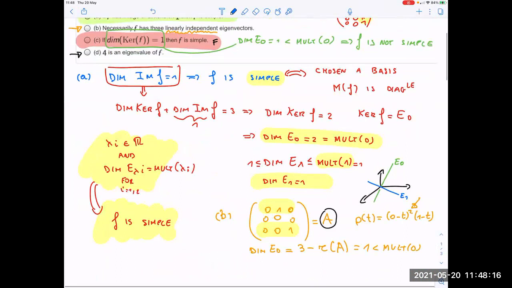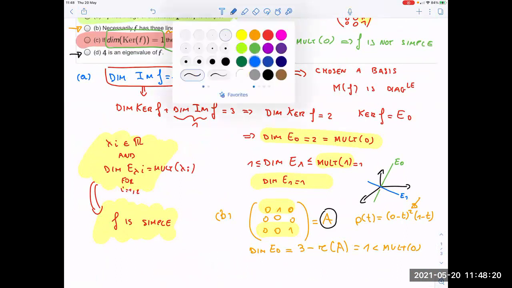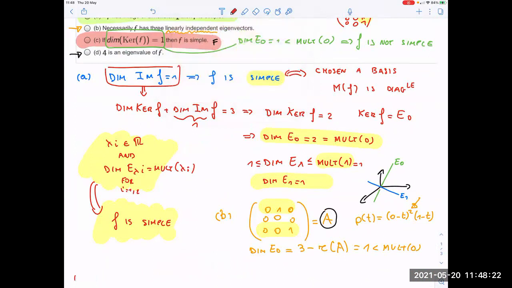There is not much to explain about the kernel being the eigenspace of 0. It's just a definition. Let's make a note so we will remember. The eigenspace of 0 is the kernel of the associated matrix minus 0 times the identity.